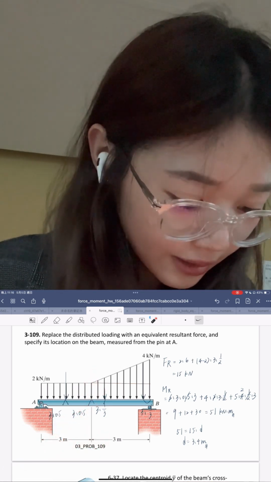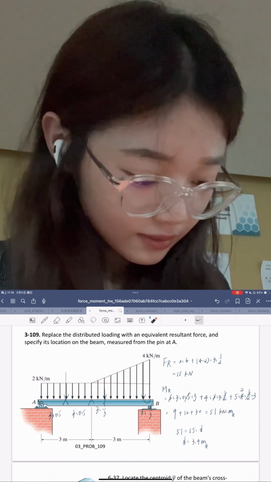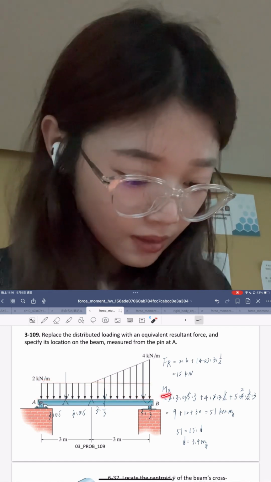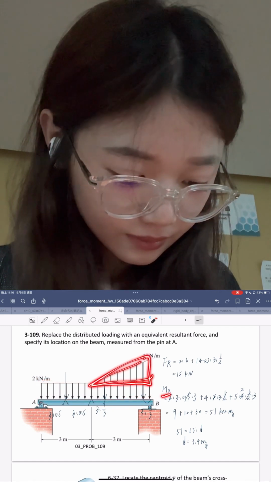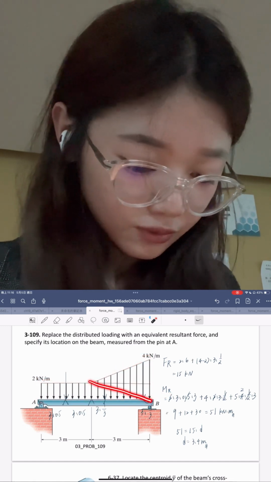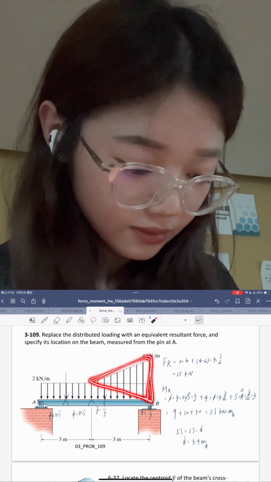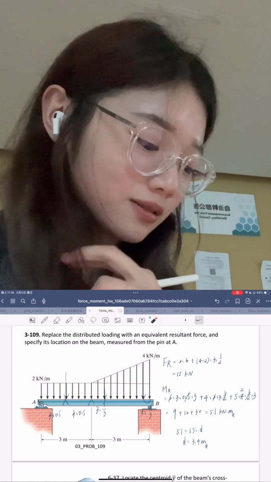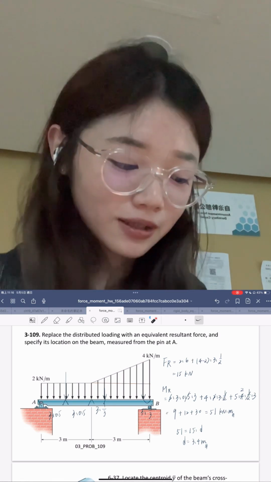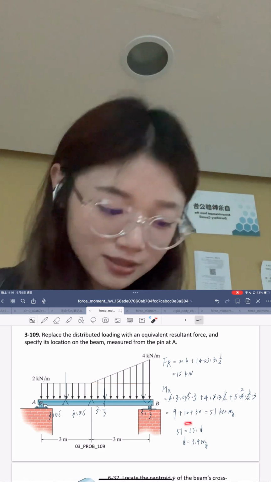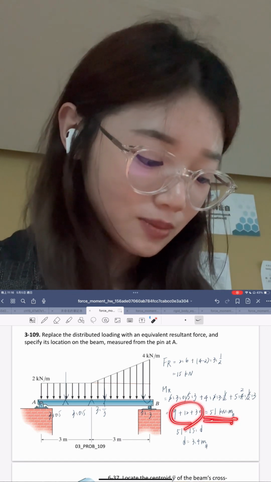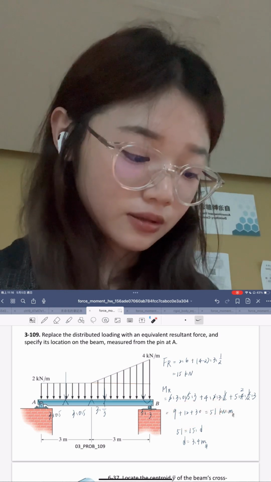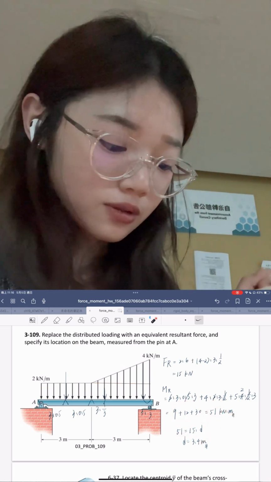Here we take the moment about O, and here I do 5 with this, because I think of the two methods I studied in the past. Here the moment is 51 kilonewton multiplied by meters, and we can know the distance.